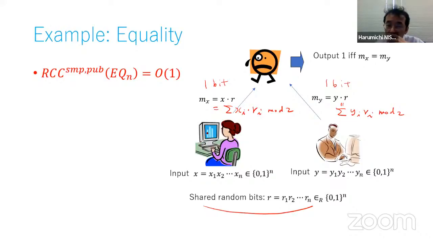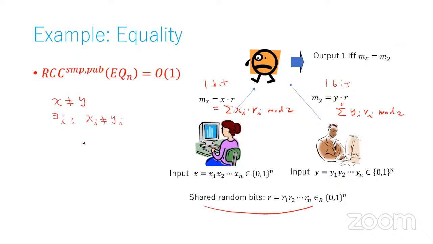I know that if X and Y are equal, then this protocol works perfectly. But I couldn't understand, if X and Y are different, why it has a correct probability of 2/3. Yes, because X not equal Y means some i exists where Xi is not equal to Yi.